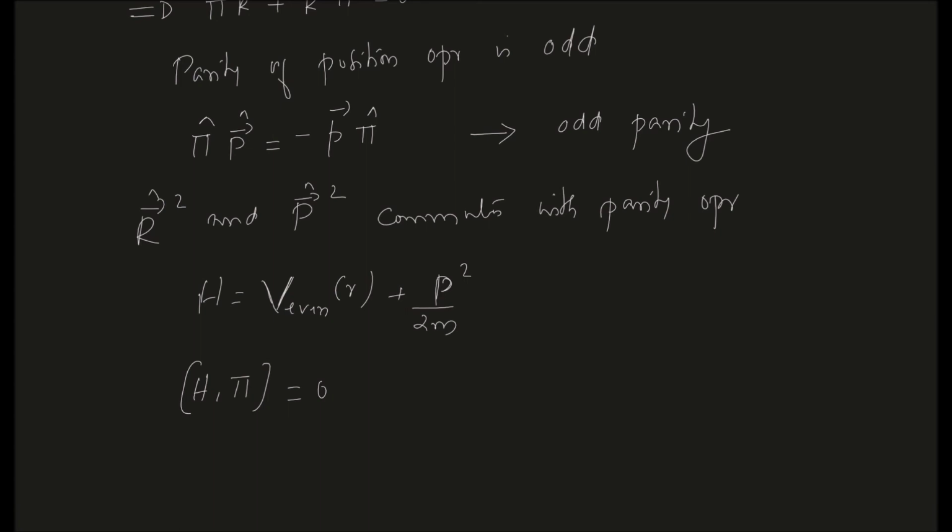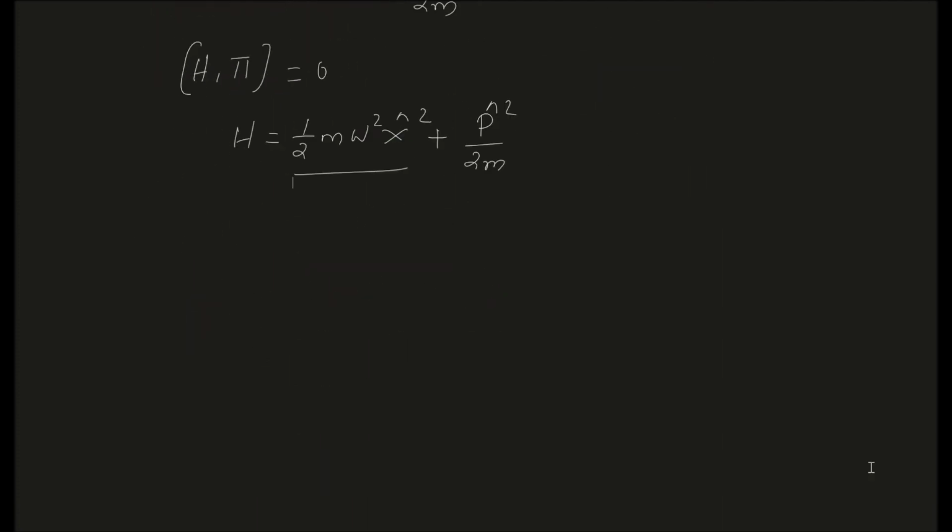Now we have seen that for a harmonic oscillator, the Hamiltonian is given by half m omega square x square plus p square by 2m. So this potential energy is an even function because it is x square, and we have seen that the square of x can commute with the parity and p square can also commute with parity.